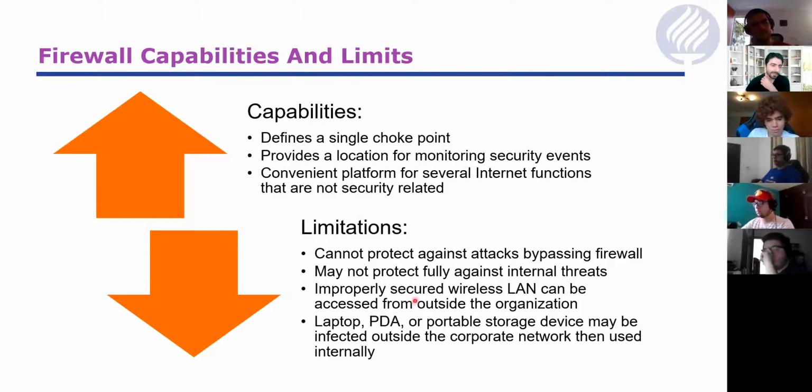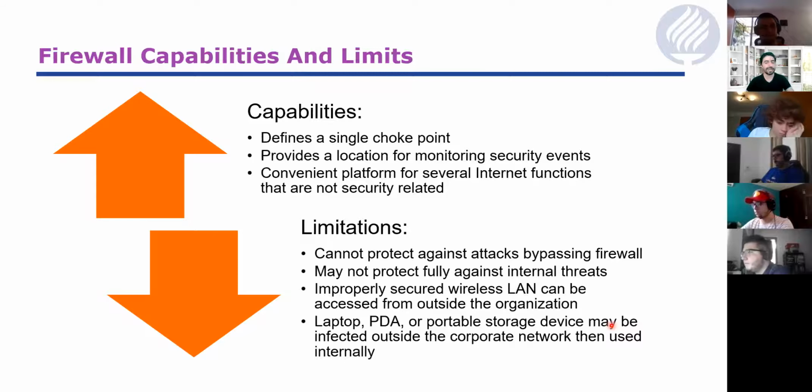An improperly secured wireless LAN can be accessed from outside organizations. If you didn't set up your firewall policies properly, the network can be in danger. And also, last but not least, laptops, PDAs, and portable storage devices may be infected outside, taken inside, and then infect your system.